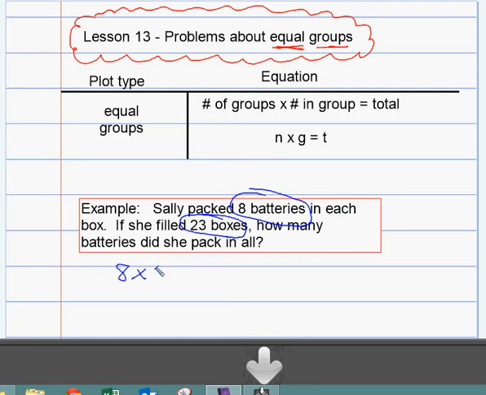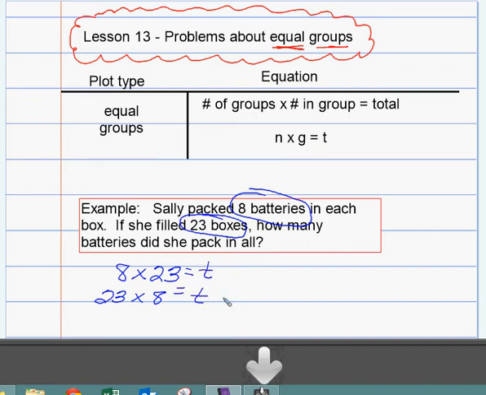Or you can look at it the other way, because remember multiplication is commutative, so it could be 23 groups if we think of the boxes as the groups, and 8 batteries in each group, or 8 batteries, 8 groups packed into 23 different boxes, 23 numbers in the group. Either way, it's fine, and that would equal your total.